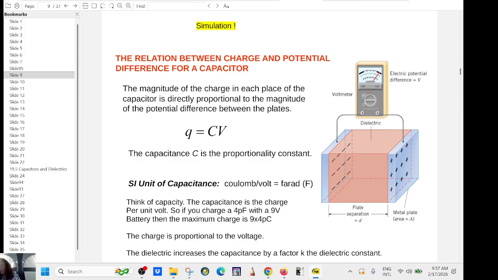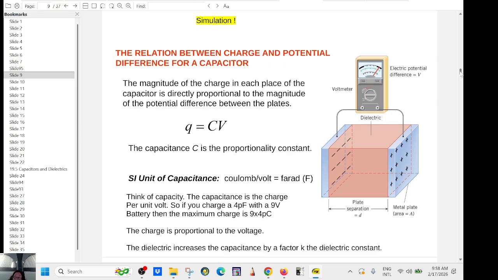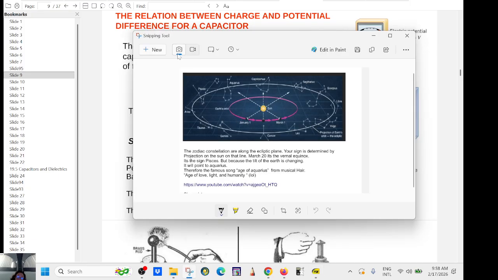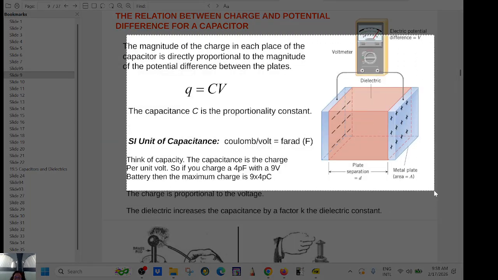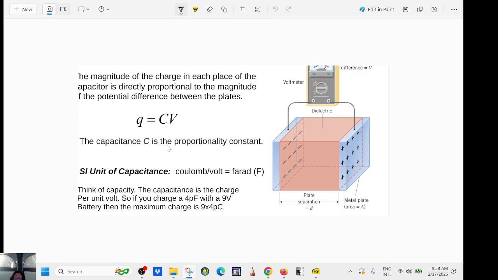So the math is easy. So for example, capacitance. So that will be in coulomb.